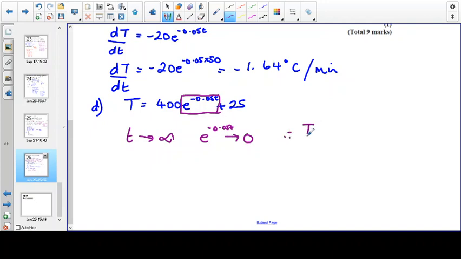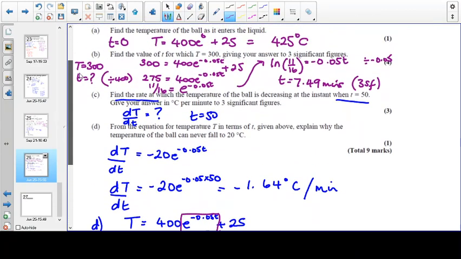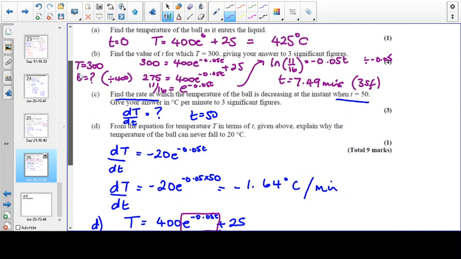Therefore, the temperature will tend towards 25 because that is what will be left. So T ultimately will end up at 25, and it's not going to go below that.